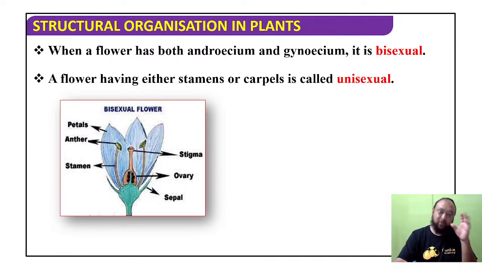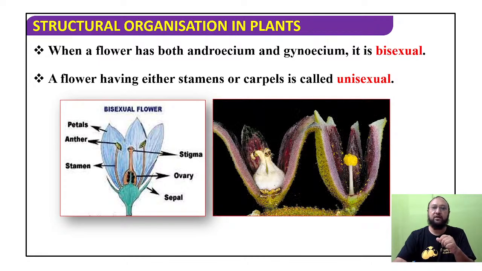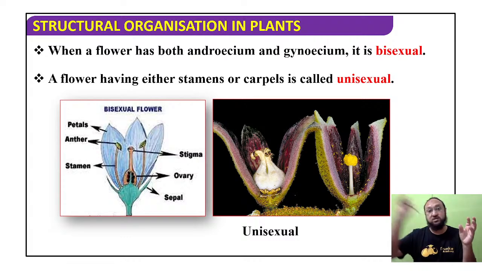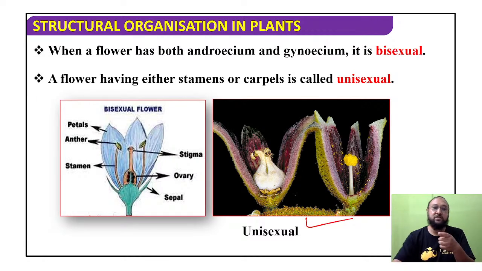But a flower which has both androecium and gynoecium in the same flower is called a bisexual flower. And in case of a unisexual flower, either the androecium is in one flower and the gynoecium is in another flower, like it has been shown in the diagram. So this is an example of a unisexual flower.